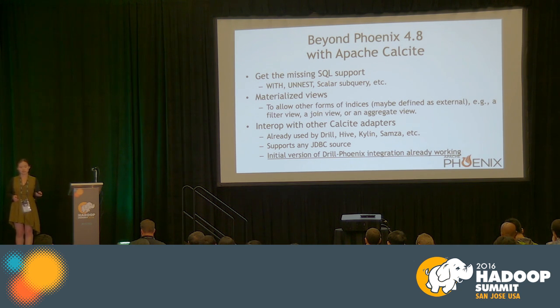And next is the materialized views I just talked about. Calcite supports materialized views of various kinds, for example, from a filtered view to an aggregate view or even a join view. So this gives Phoenix the opportunity to support different types of indexes in future.